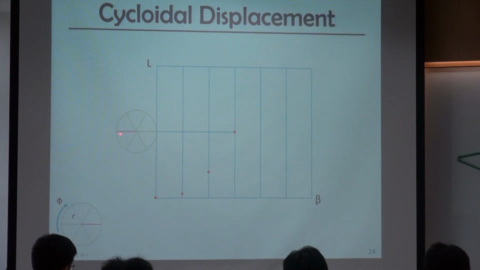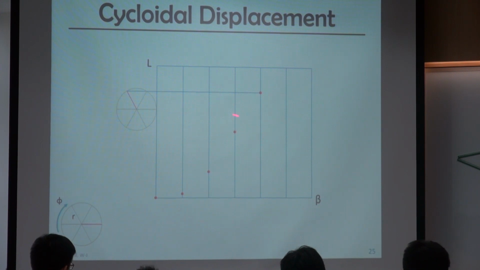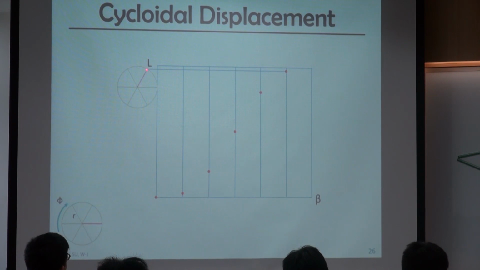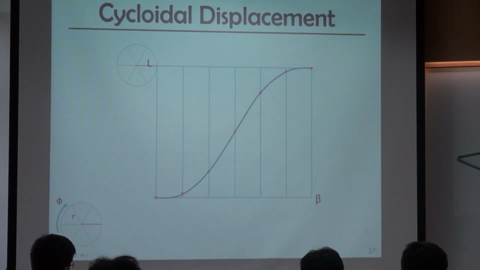I keep rotating, so right now I rotate by 180 degrees. I project this point to this line. So I keep doing this, and I roll by 60 degrees. I project this dot to this another grid. And finally, at the top point, this small circle runs for one cycle.